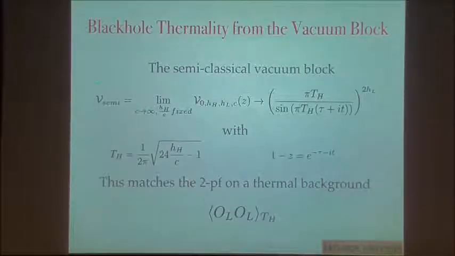What's amazing is that this semi-classical vacuum block actually matches the form of a two-point function for the light operators on a thermal background. But you absolutely need that, because you're claiming the other thing is a black hole. So the black hole should already, you're generating it from a vacuum with a heavy operator. Yeah, I think this had better work, right?